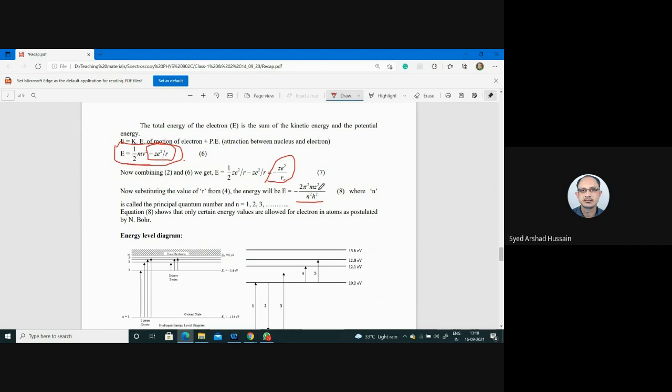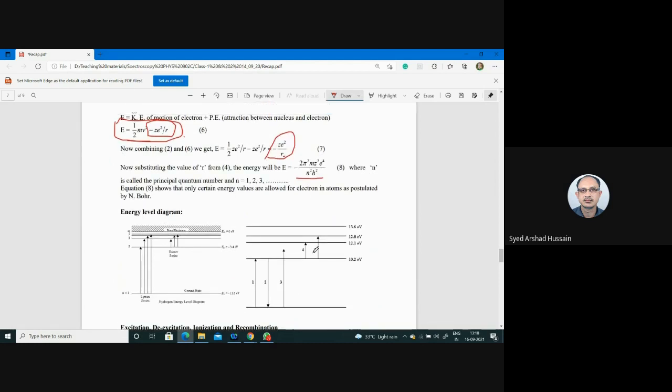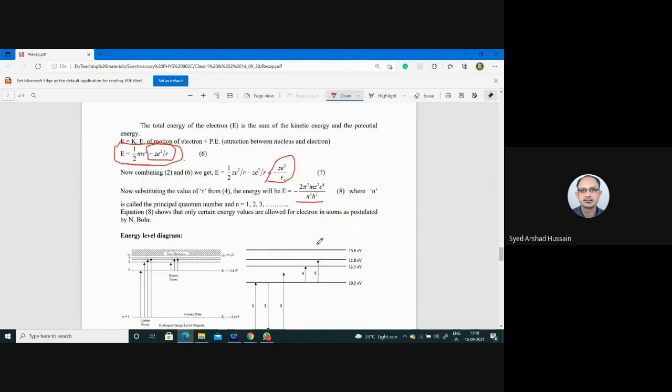So for a particular atom, for various orbits, if you put the values of Z and n and all other constants, you can have an idea about the energy. Okay. For example, say if you take the hydrogen atom, in a hydrogen atom Z is equal to 1.